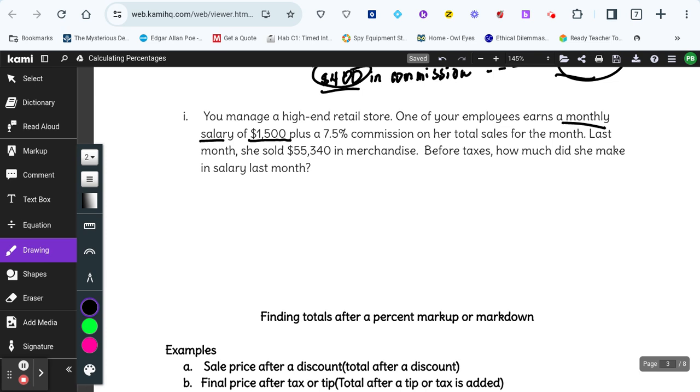And then plus a 7.5% commission on her total sales for the month. So you have 7.5 commission on these sales. Plus, she's going to get this base salary. She's guaranteed this anyway. So she's guaranteed $1,500 no matter what. So if she doesn't sell a thing, she gets $1,500.